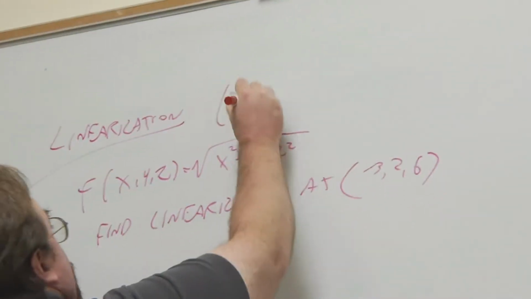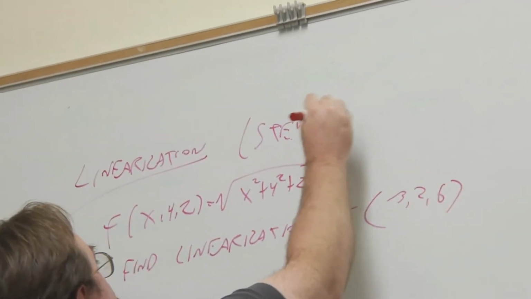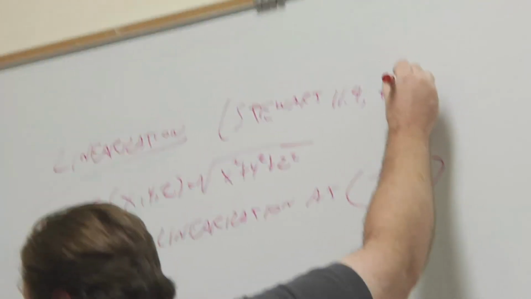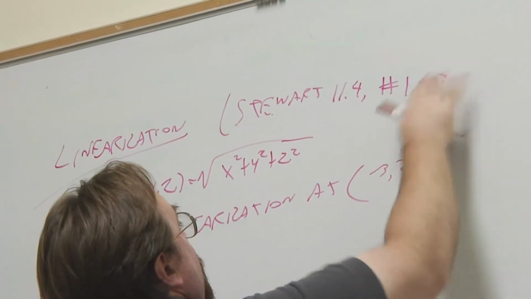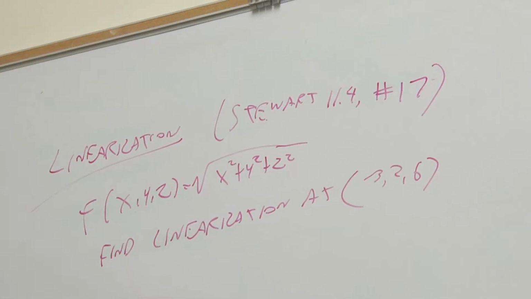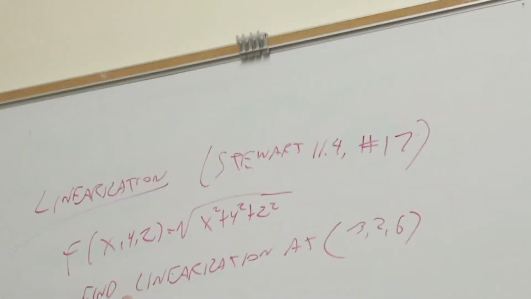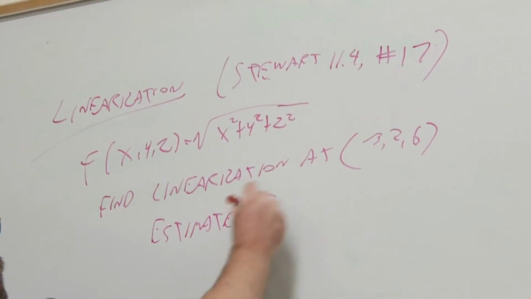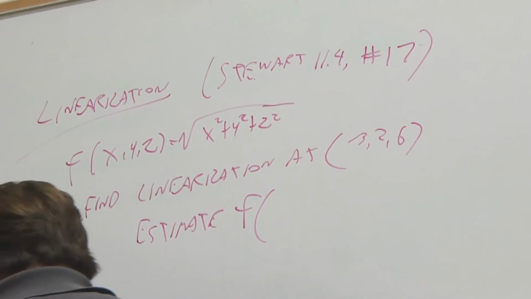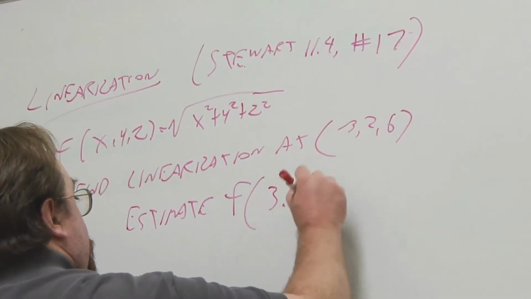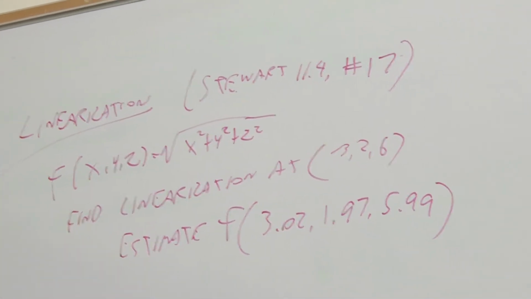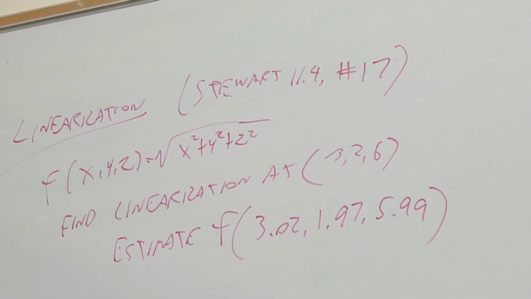By the way, this is Stewart's 11.4, number 17. I'm just going to follow along with that. So find the linearization at this point, and then estimate the function's value at 3.02, 1.97, 5.99, which you can see is close to that point.